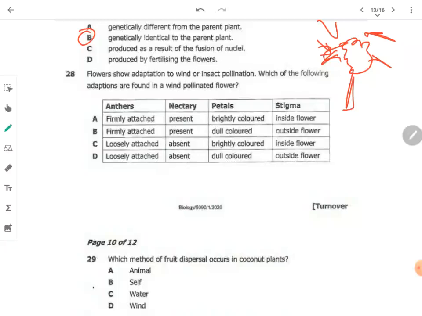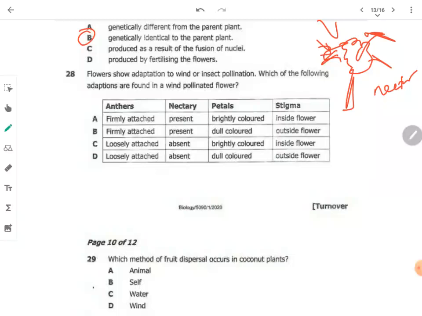Then they don't have nectar because they are wind pollinated, so they are only attracting wind and not insects. So they can't have nectar in them. Then the petals. How are the petals? Since they're not attracting any kind of insect, the petals are not colored, but have a dull color.